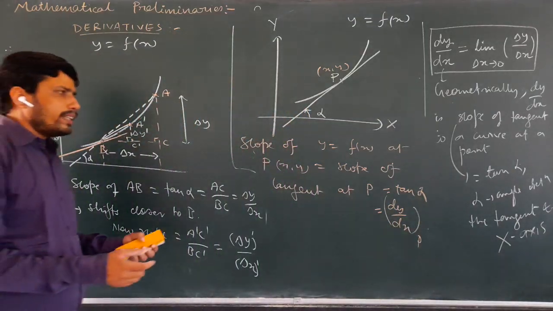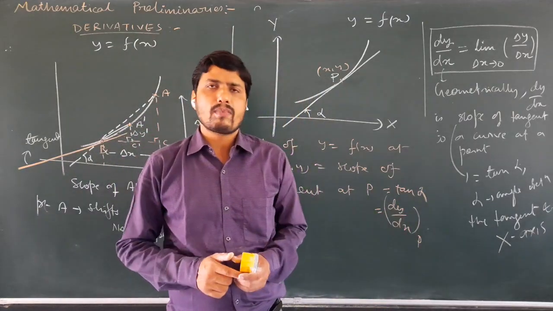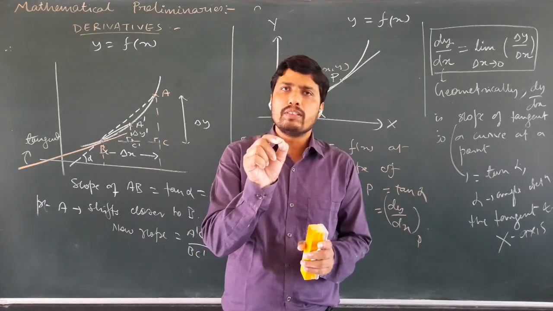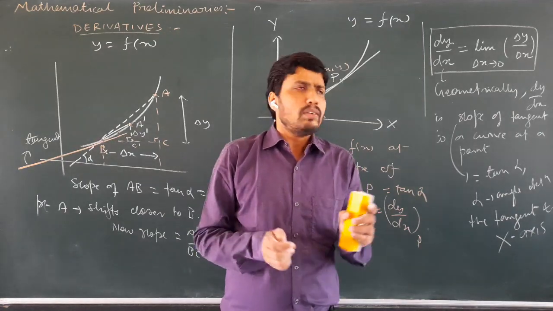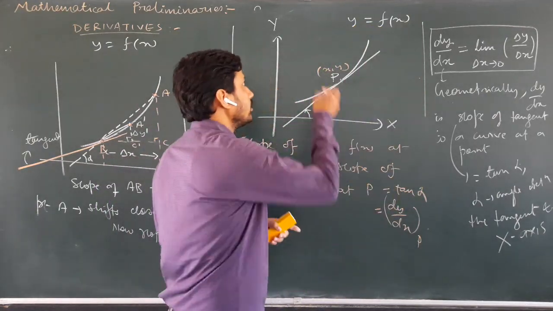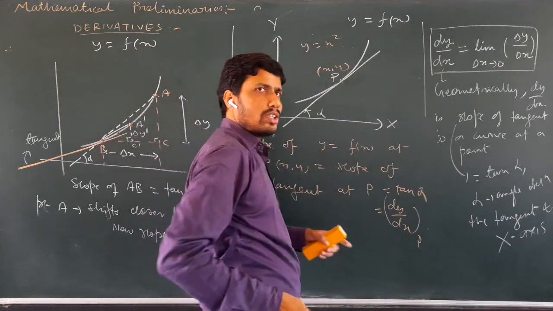Okay, so when you see this new term dy by dx, it is simply a ratio of change in y to change in x. When we have a function y is equal to f(x), for example, y is equal to x square, if you change x, y will also change.